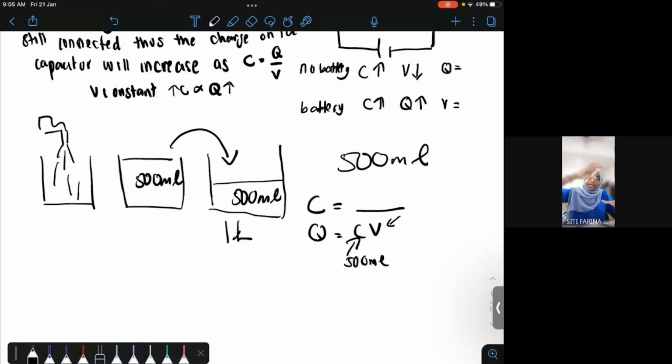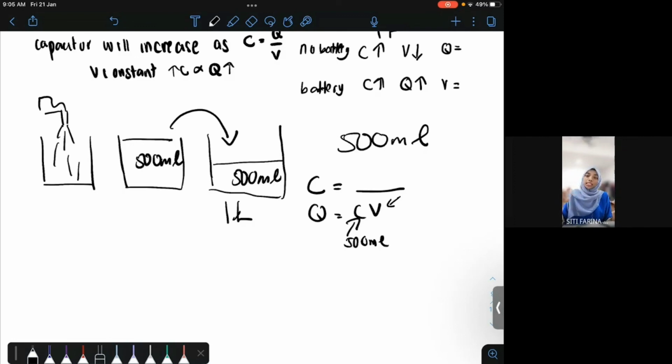Masukkan air. Bila masukkan air, air tadi 500 ml sahaja, itu yang kamu store. Itu yang charge yang kamu store. So bila kamu tukar botol besar, walaupun botol tu dah besar, kamu tuang air yang dia simpan masih 500 ml. You cannot increase the amount of water because you have already closed the tap.